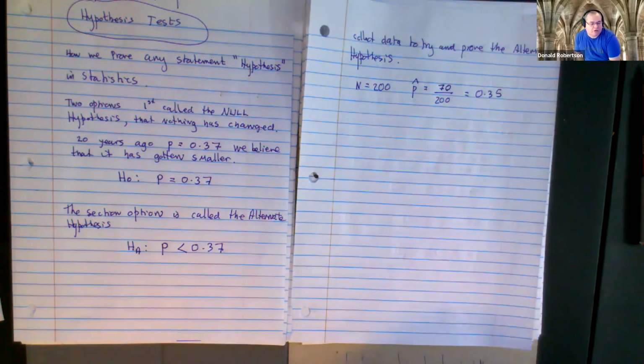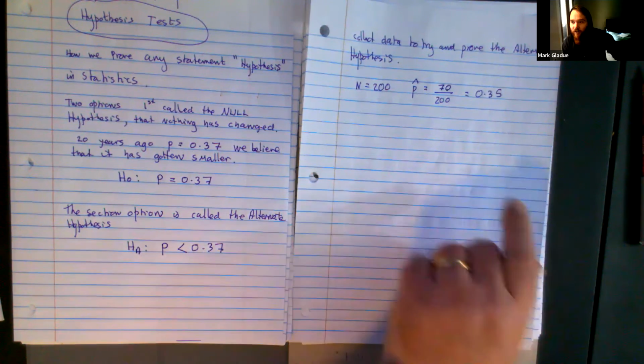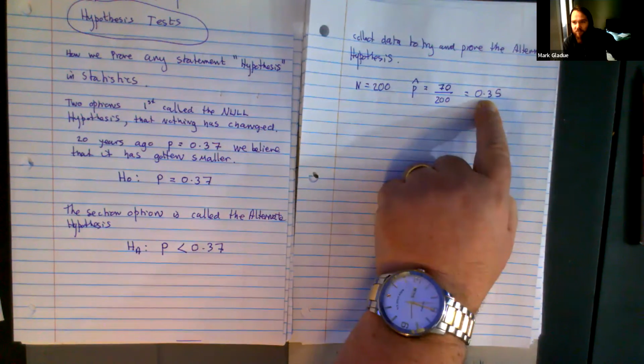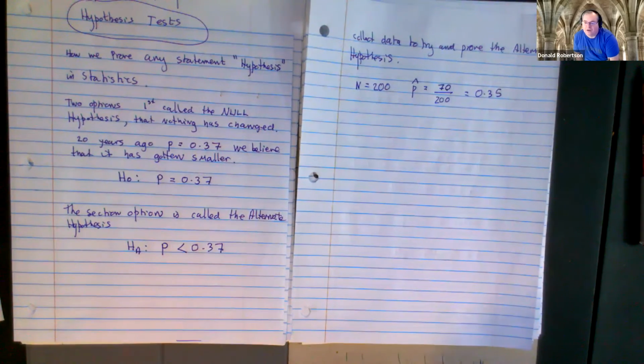Why is that not good evidence? Why can't I just say that's it and leave? Margin of error, it might be 37, despite it being 35. Yeah, you could easily have another sample that was 38, couldn't you? Isn't there always variation in samples?